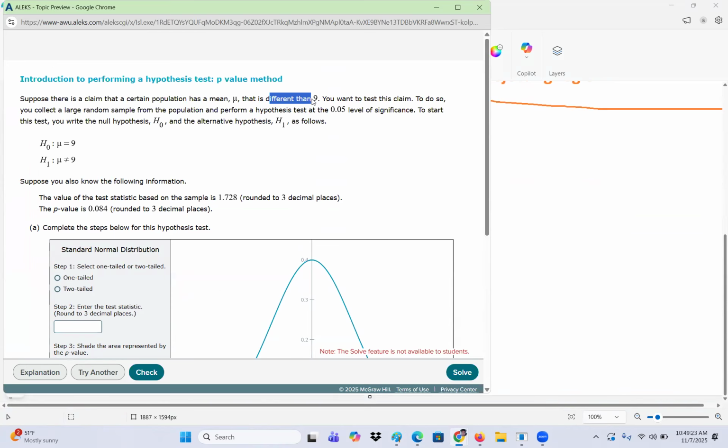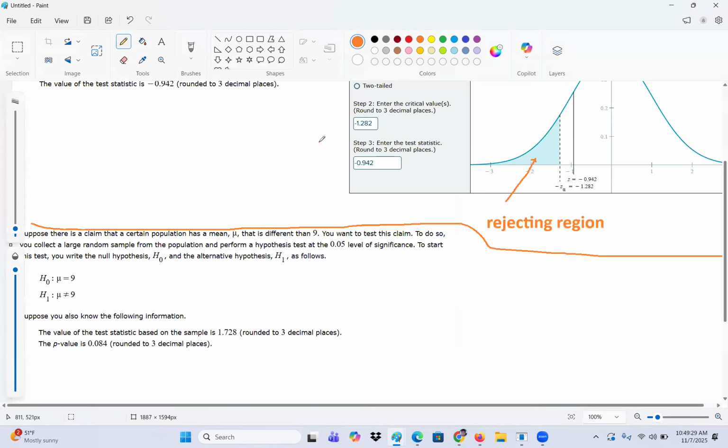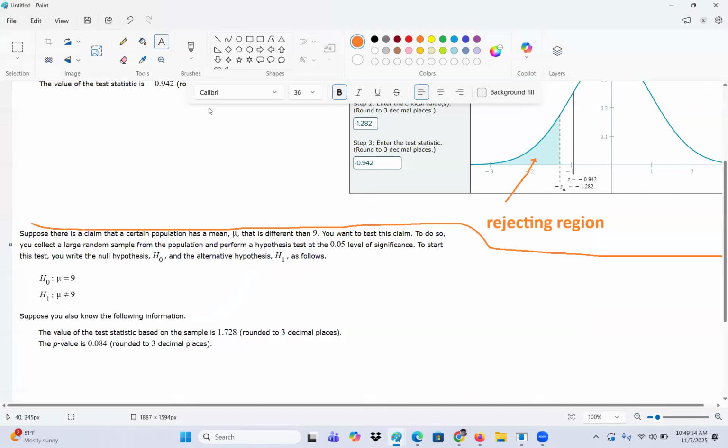All right, so different than 9. So we're working on a two-tail test. So we have to do both sides. So the alpha will be on both sides. We're going to take half of that and half of this. So what we have was different than 9.